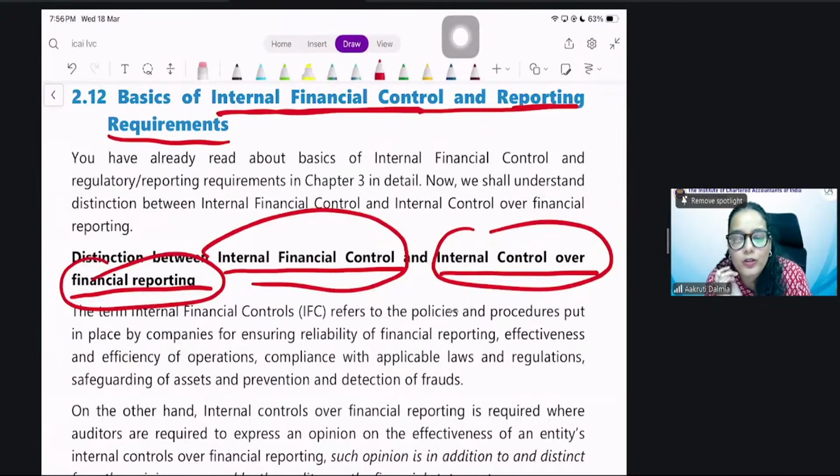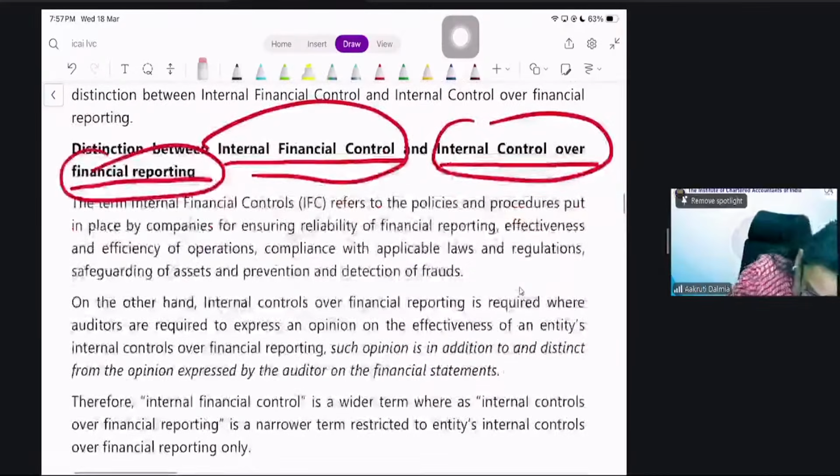Internal financial control is inclusive of internal control over financial reporting. Okay, just see this.